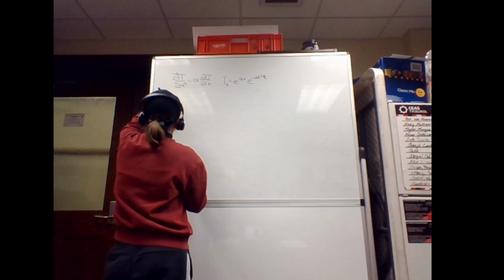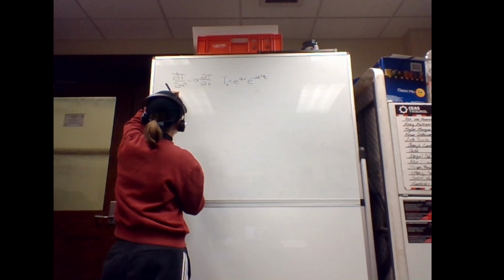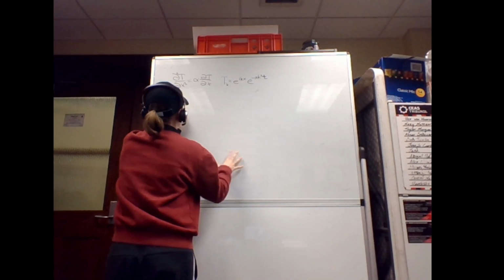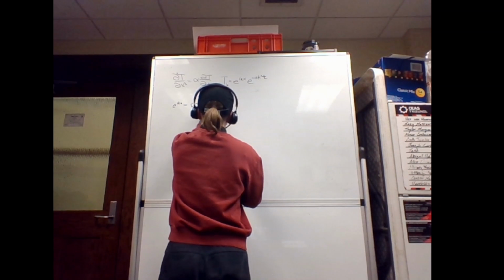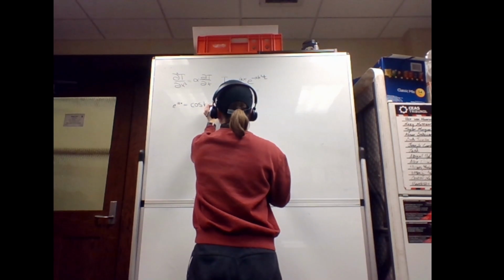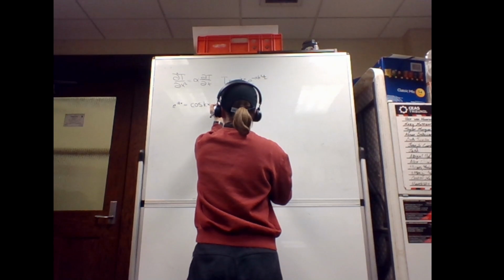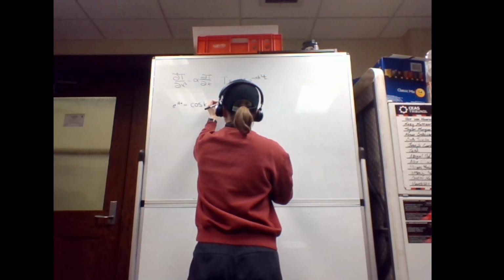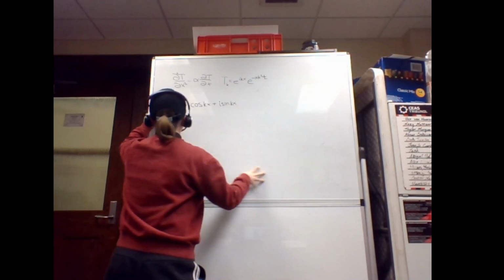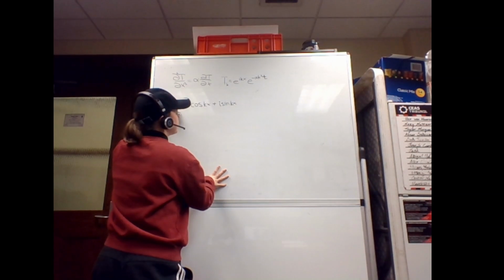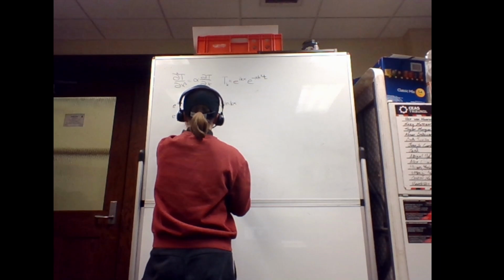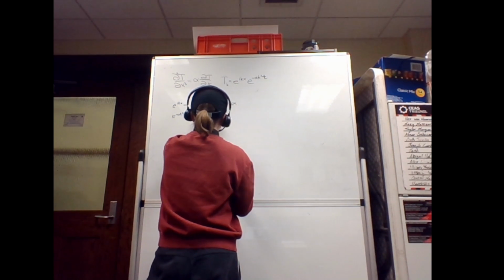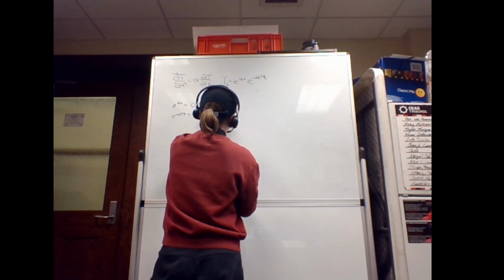So e^(ikx) is equal to cosine kx plus i sine kx, and e^(-ikx) is equal to cosine kx minus i sine kx.